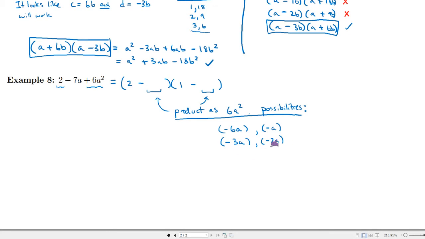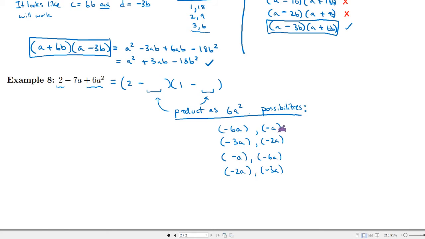And are there any other possibilities? Well, we also have to take into account the fact that this is a 2 and this is a 1. So we have to also consider the interchanging of these possibilities. So negative a, negative 6a, negative 2a, negative 3a. If the leading terms were both the same, we wouldn't need to consider the reverse of these.